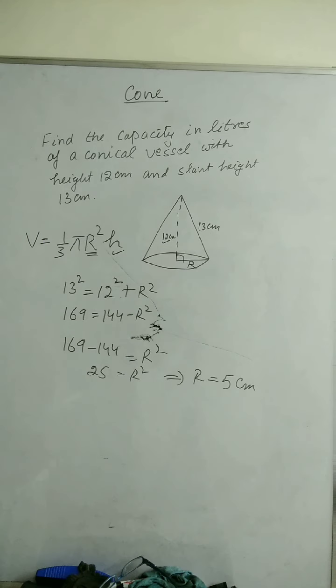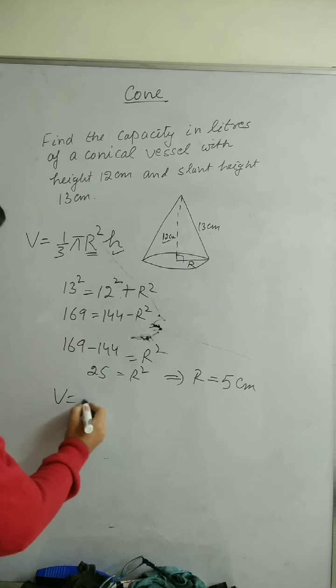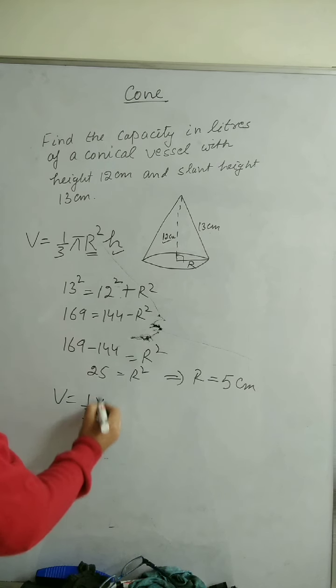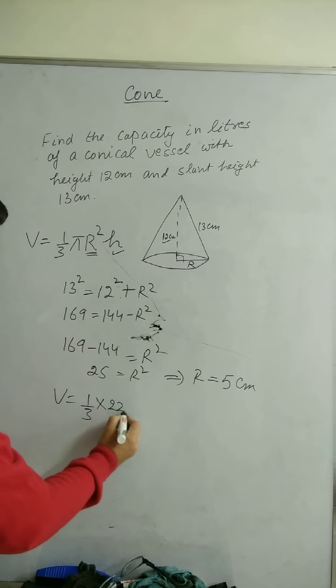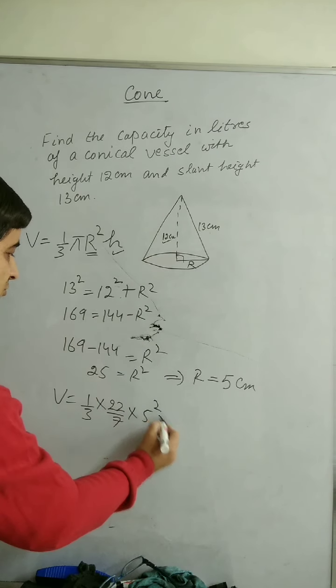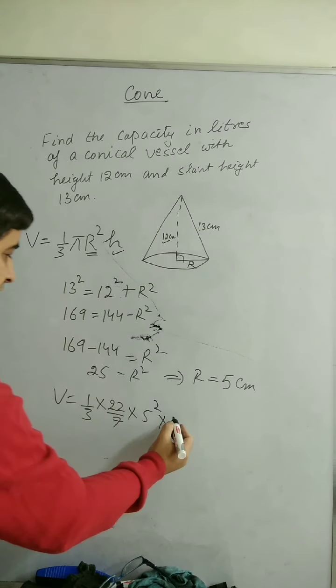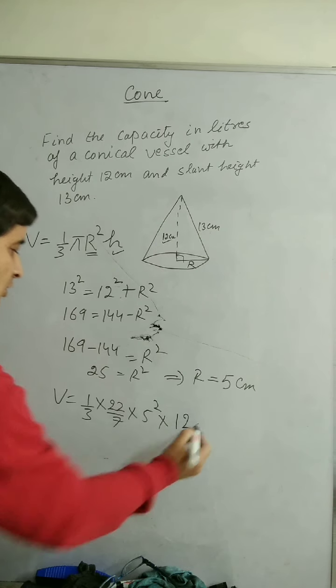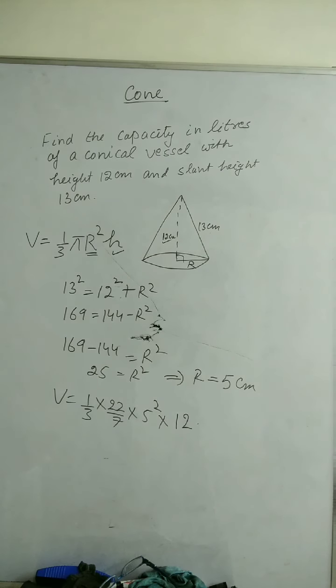Now you know the radius is 5 centimeters. Got it? Now you can place the values. Volume equals 1 upon 3 into pi, which is 22 upon 7, into r square, 5 square, into h. H is given as 12.